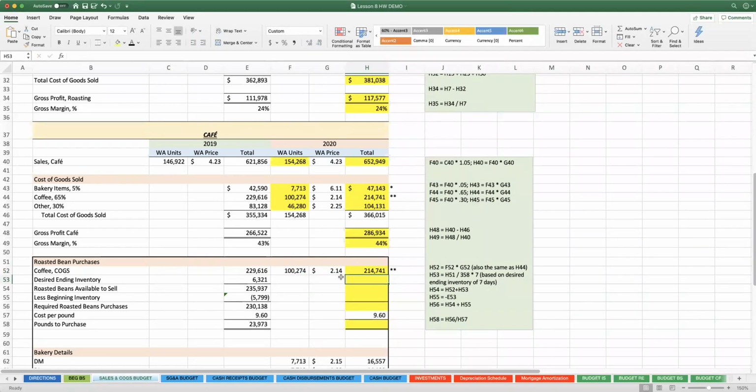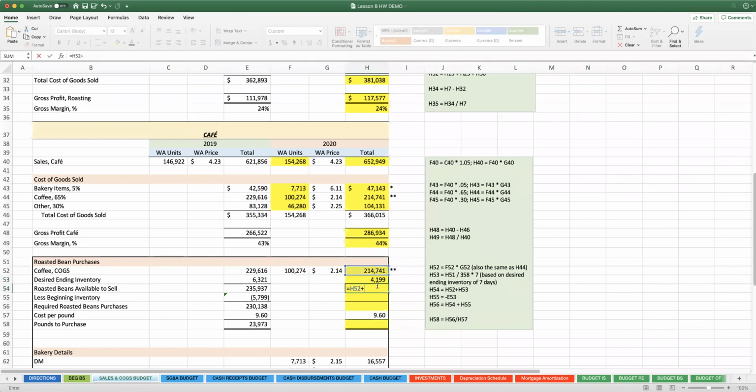Desired ending inventory is going to be based on 7 days, so you take that cost, divide by 358, because remember that's their year, times 7 days. So that's the desired ending inventory. Notice it's coming down a little. I think this was somewhere around 9, so we'll see how that ends up.